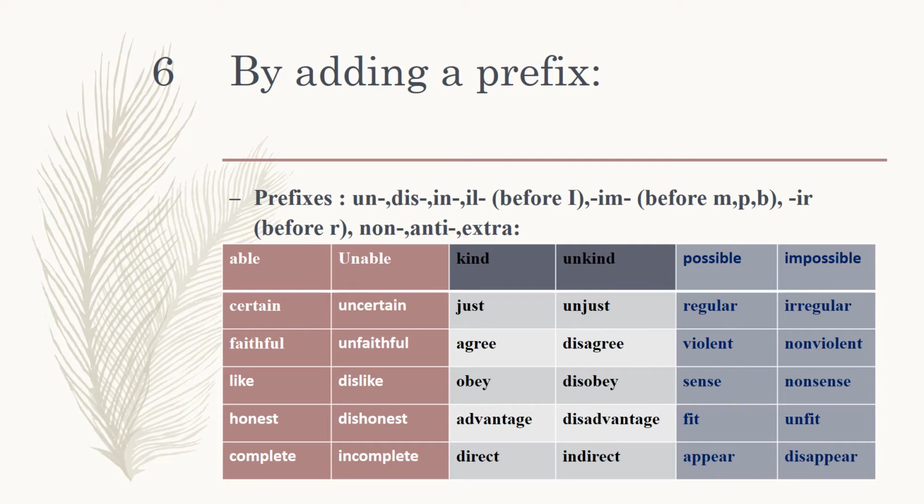What is a prefix? A prefix is a little part of a word that comes before the main word. It can come before an adjective, before an adverb, before a noun, before a verb, anything that comes before a word.